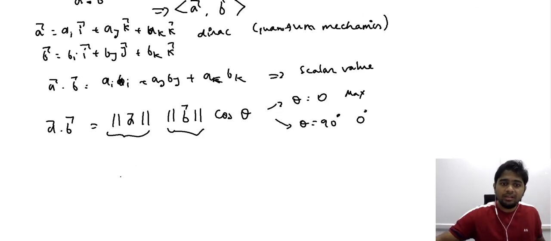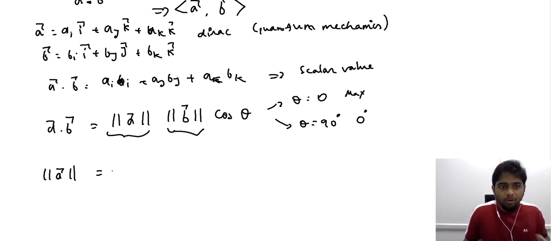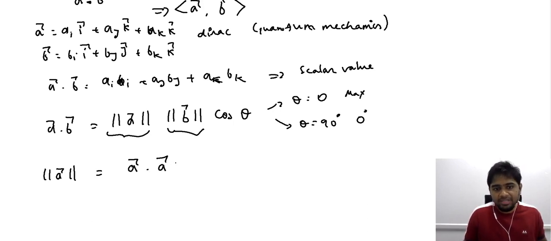The way we can estimate this magnitude is by considering the dot product of a vector to itself. When I consider the dot product of a vector to itself, what I would end up having is a quantity of magnitude a square.